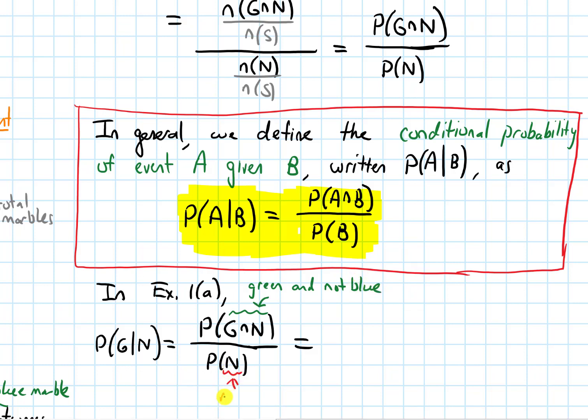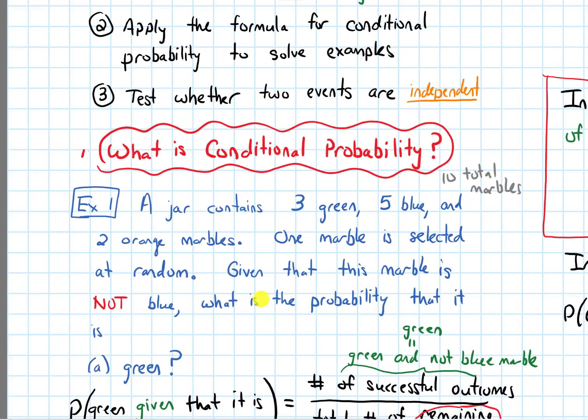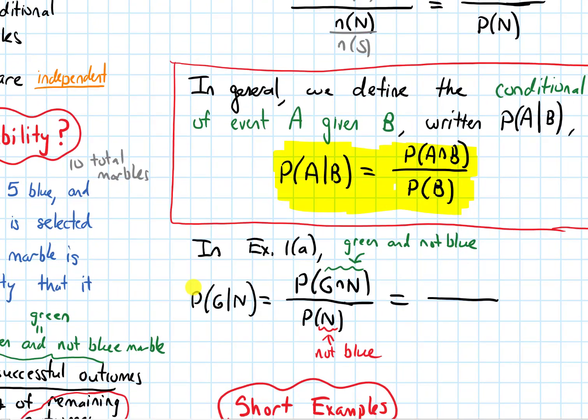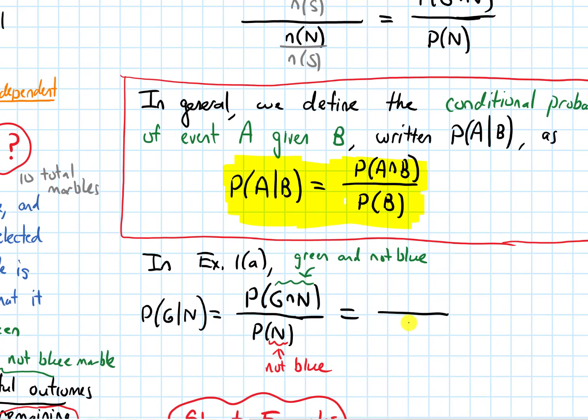The denominator, N, is not blue. In this problem, how many marbles are not blue? There are 3 greens and 2 oranges, so there are 5 non-blue ones out of 10 total. So the probability of getting a non-blue one is 5 out of 10. On the top, we have to find the probability of getting a green marble and a not blue one. But if you're green, you're definitely not blue, so green and not blue is the same thing as just green.